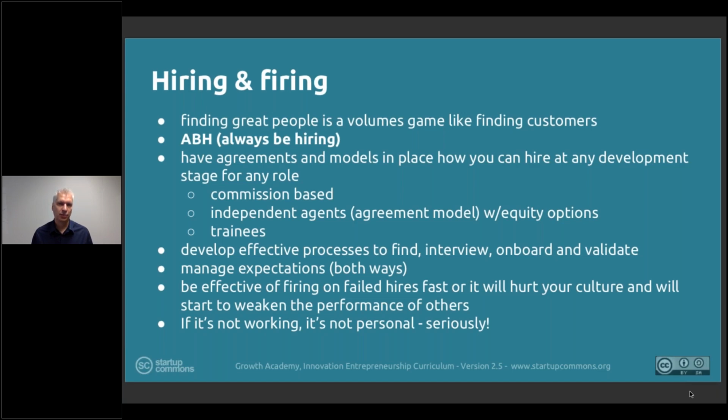And the key part is to manage expectations the same way as you manage expectations for customers. You should manage the expectations of what the company really is about, at what development phase it is, what risks are still involved, what the potential upside is, and not try to oversell the opportunity, where the real life would then be different.